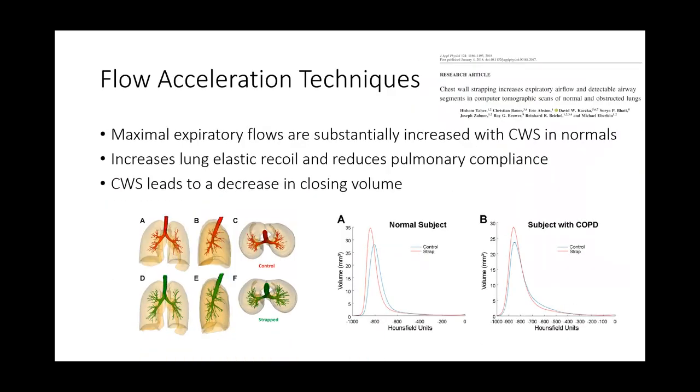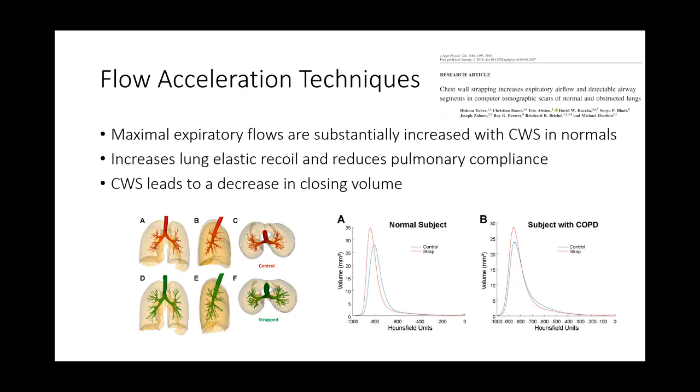The final group of techniques to discuss are flow acceleration techniques. Chest wall strapping is one of these, and as I've said, it can be combined with other techniques like IPV or breathing exercises. It was first documented in the 1960s as an experimental procedure that induced breathing at low lung volumes.